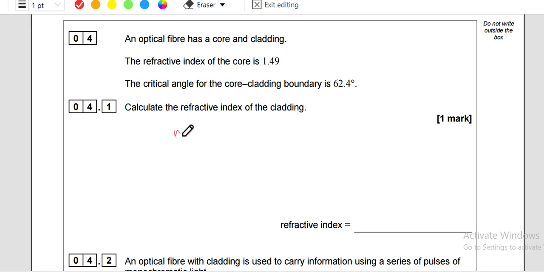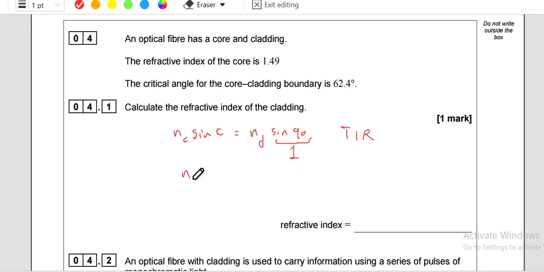So as sine C, which is the critical angle, equals n cladding sine 90 over n core, okay, which is 1 for total internal reflection.